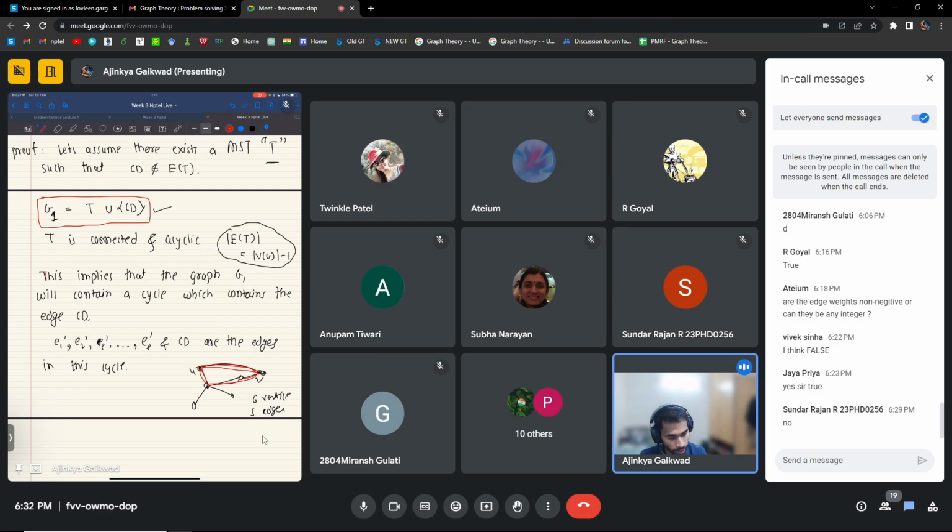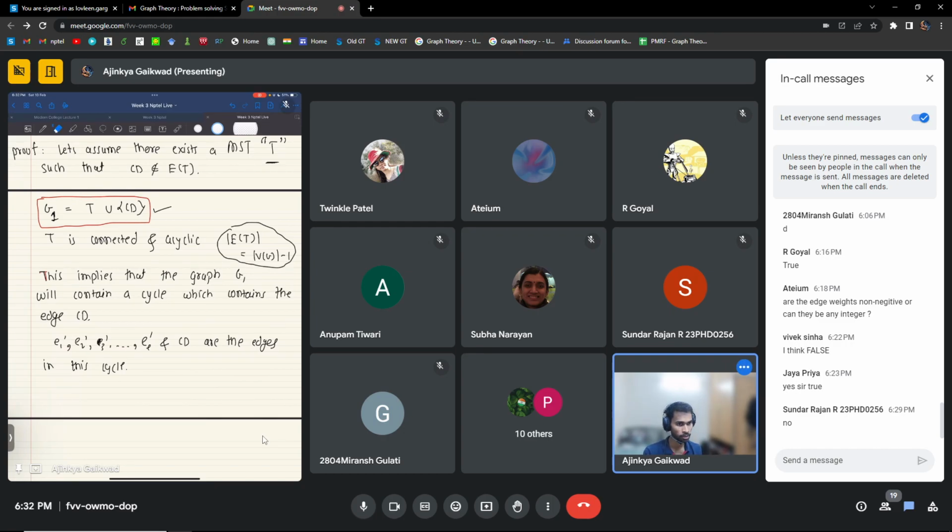That means when I added this edge CD to my tree T, there will be a cycle, and that cycle will contain my edge CD, because before adding CD there was no cycle. After adding CD there will be a cycle. So that cycle must contain CD. Now let's focus on that cycle.